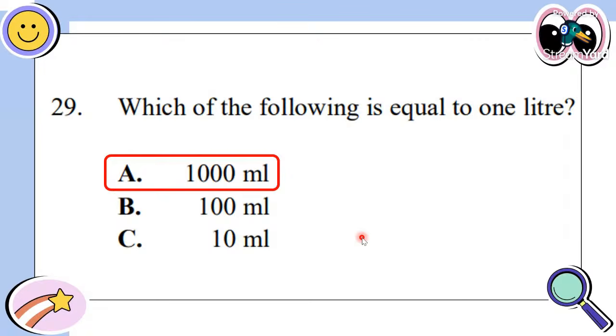That's something for you to explore at home. Okay? So 1 liter is equal to 1,000 milliliters. 1 meter is equal to 100 centimeter. 1 liter is equal to 1,000 milliliter. Keep that in mind.